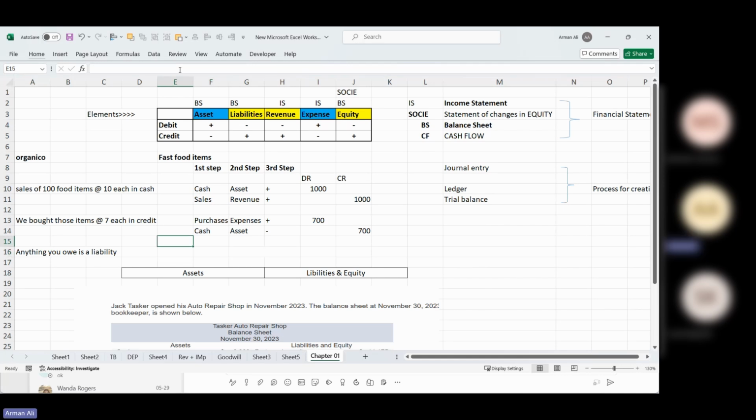So we're going to take the same example, and I made those purchases. So purchases would be the same. That element would be the same, but I purchased it on credit. So what we say on credit means that it's like accounts payable. So when purchases increase, it's an expense.